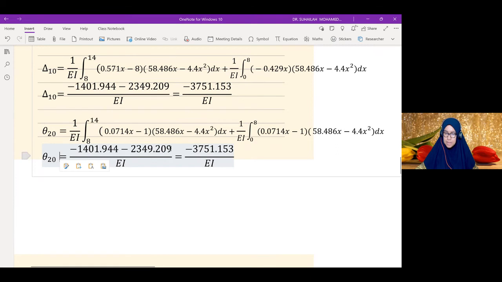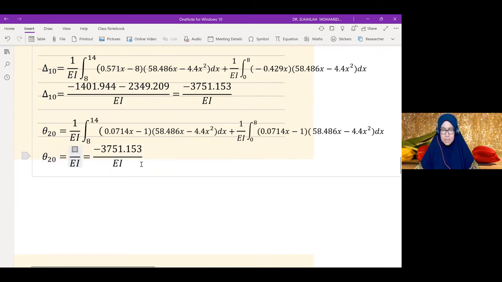Okay, now we will calculate the value for displacement theta 2 naught.